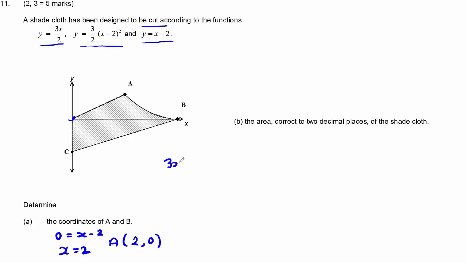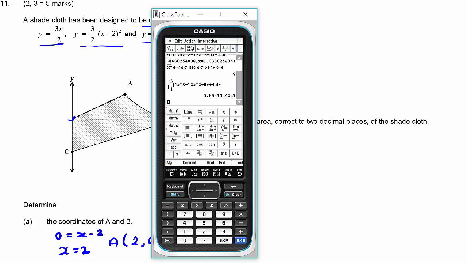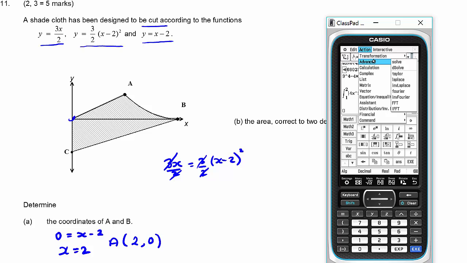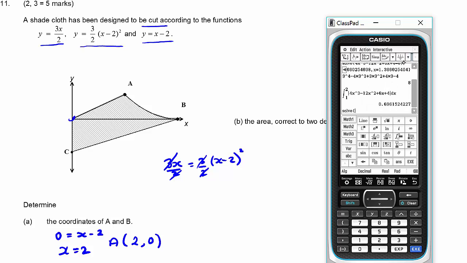So that would be 3x over 2 is equal to 3 over 2 times (x minus 2) squared. We can at least do that cancelling. And you could stick that in the calculator now. We may as well. And then we have action, advanced, and solve.